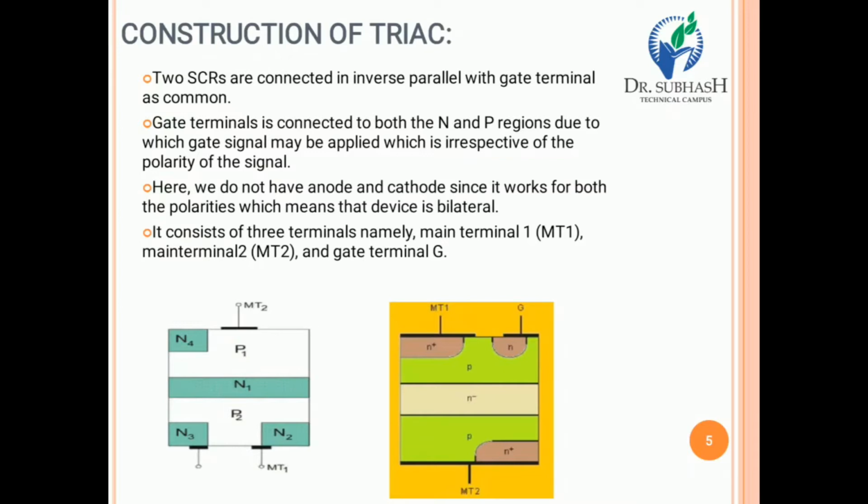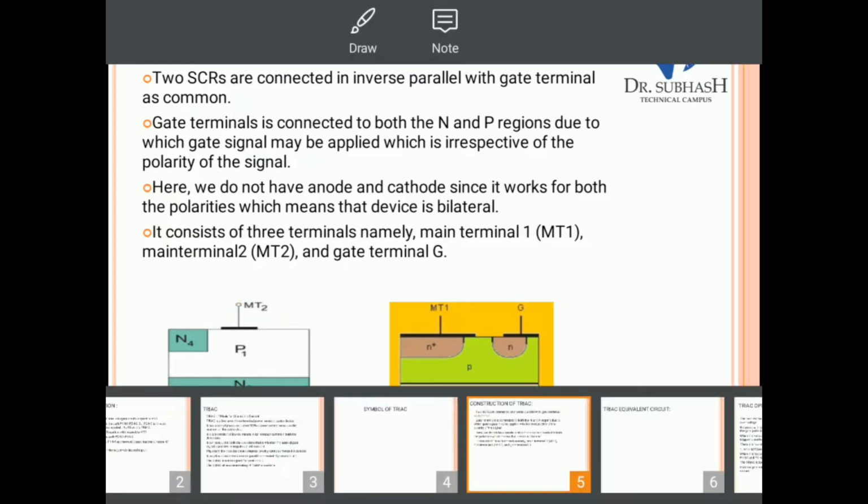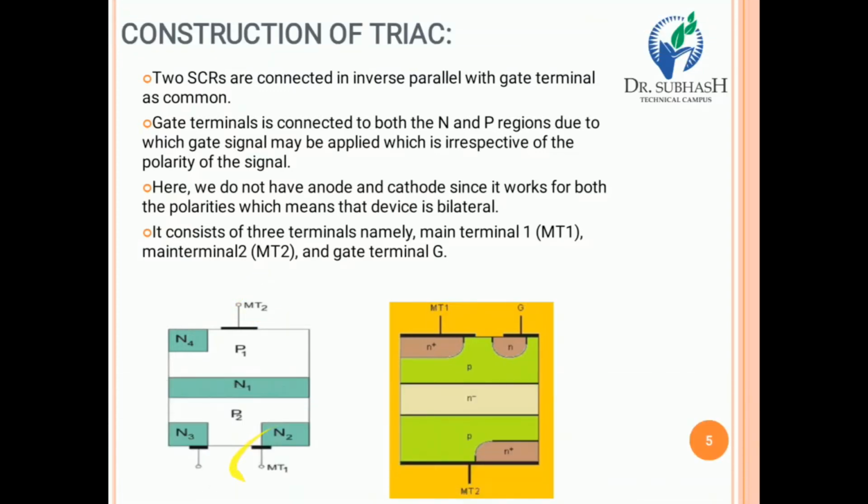So here we do not have anode and cathode, since it works with both polarities, which means the device is bilateral, right? Other semiconductor devices have anode and cathode, but here there is no anode and cathode; here are the MT2 and MT1 terminals. So that is a bilateral device.